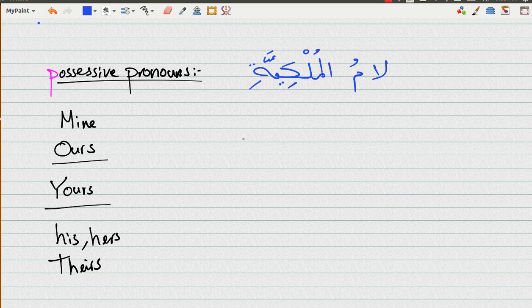Remember, I've talked in this lesson about the pronouns that are suffixes, the attached pronouns. If you want to say mine or our or yours or his or theirs, you use the same pronouns. You just have to use lam al-mulkiyya, the L of possession.